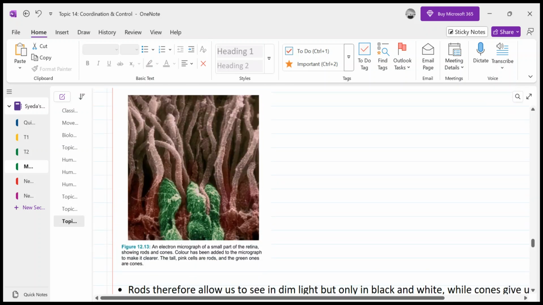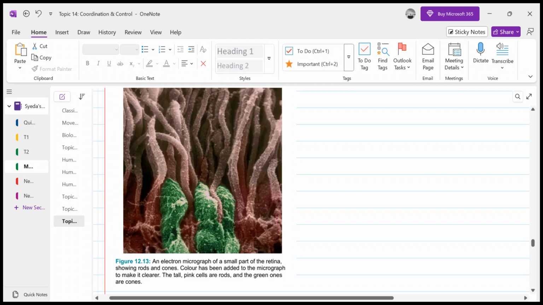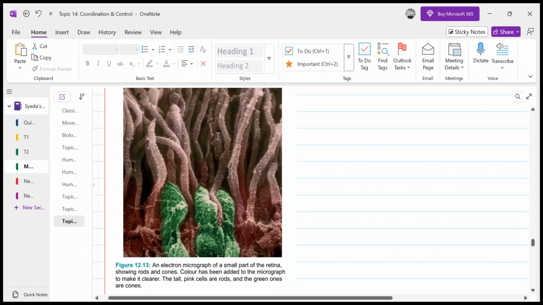So this is an electron micrograph of a small part of the retina, and you can see that the color has been added. Always remember that electron micrographs, the pictures that we take from the electron microscope, are always black and white, right? Later on, with the help of graphics, we can add the colors.